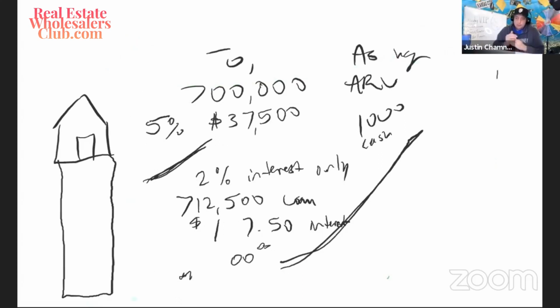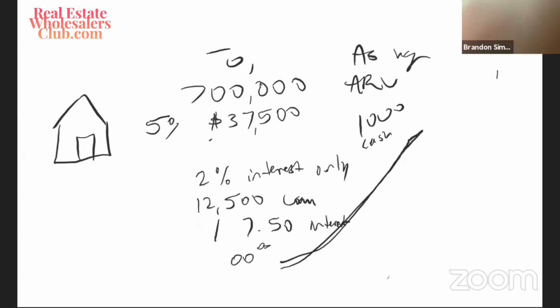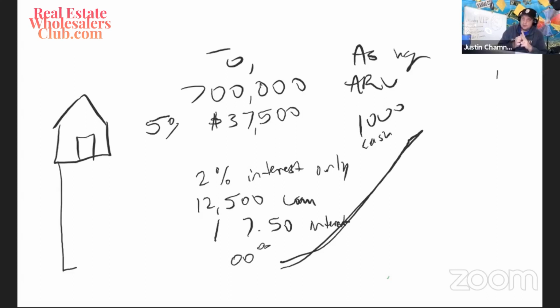Before you move on, just for clarity's sake, there were two liens on the property at the end of the deal. One is the private lender who loaned $37,500, which was used as a down payment towards the seller carryback of 712,500.